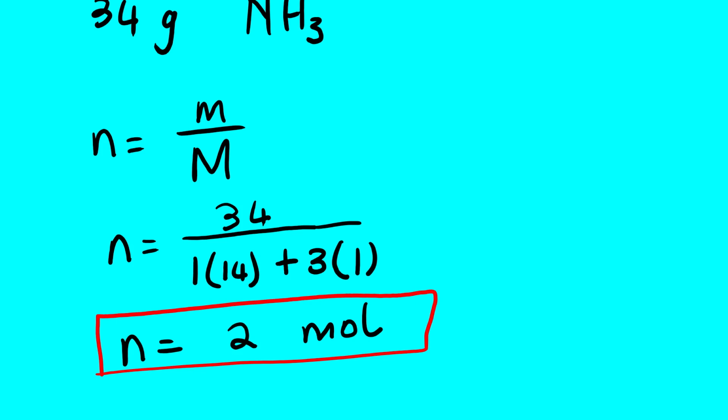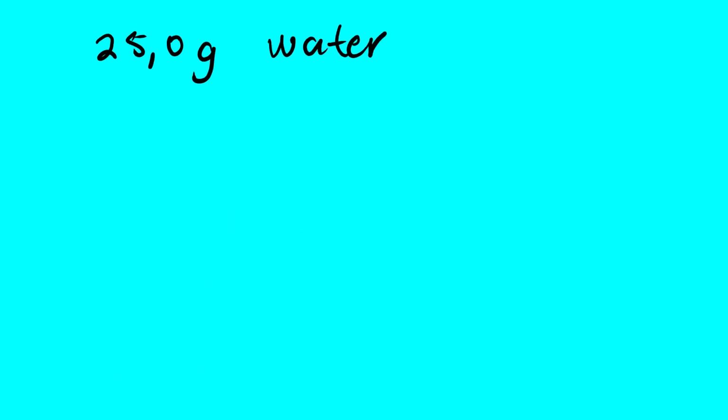Let us look at another example. Our next example, we are given the mass in grams, 25.0, and the name is water. We all know that the molecular formula of water is H2O.